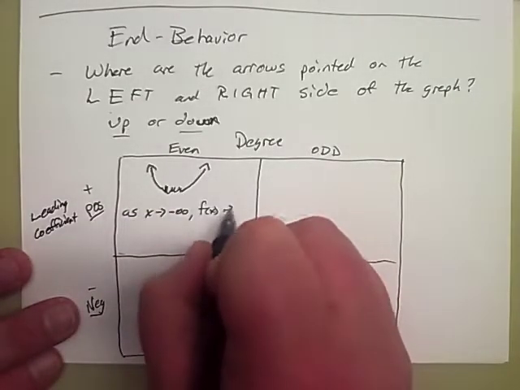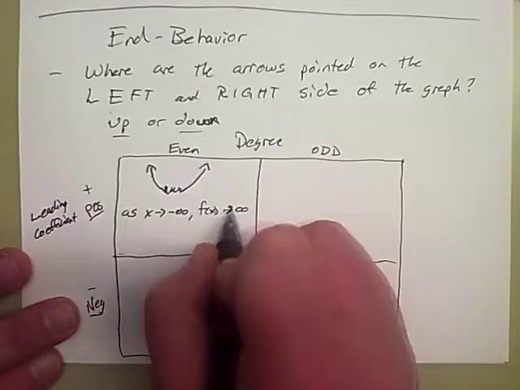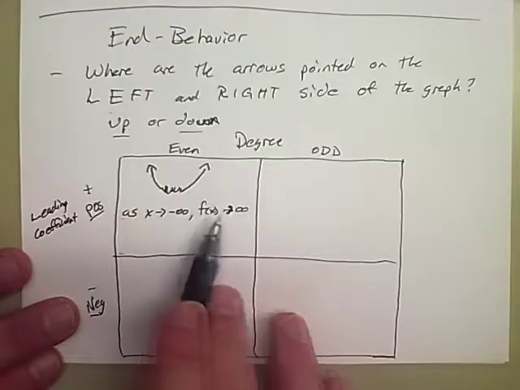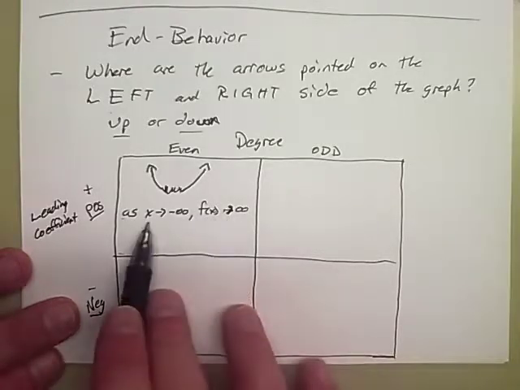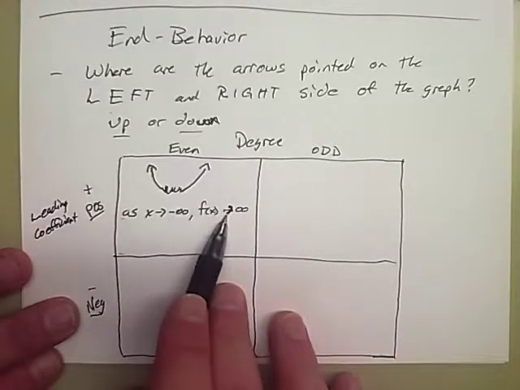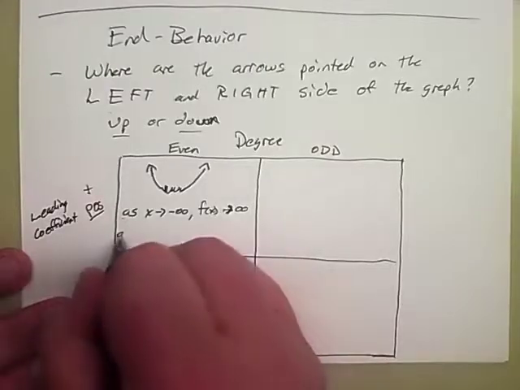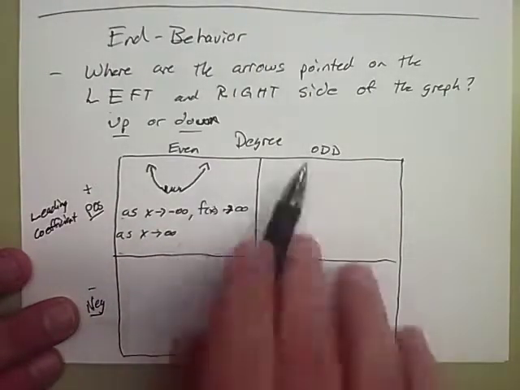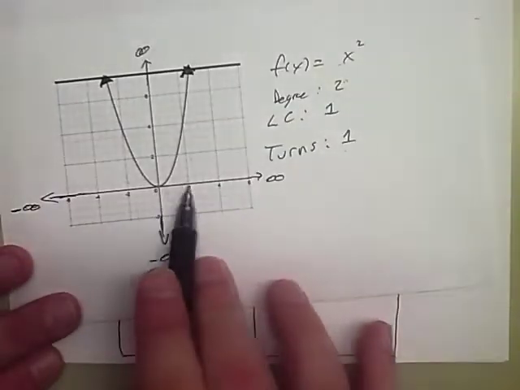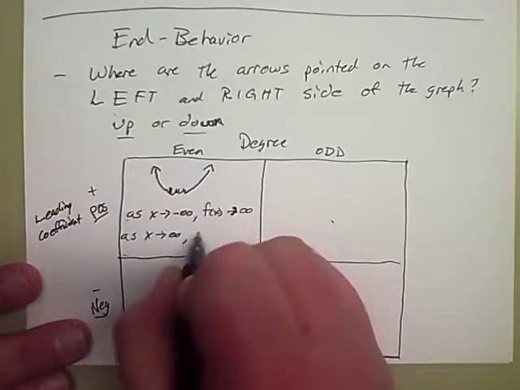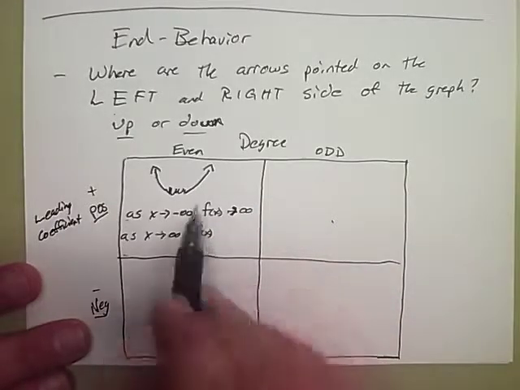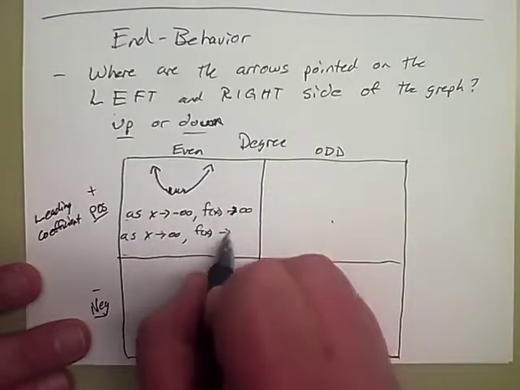So that means it's approaching positive infinity. So when we go to the left, the arrow is pointed up. And as x approaches positive infinity, we're talking about the right side, then y, my f of x, my y values, are going up.